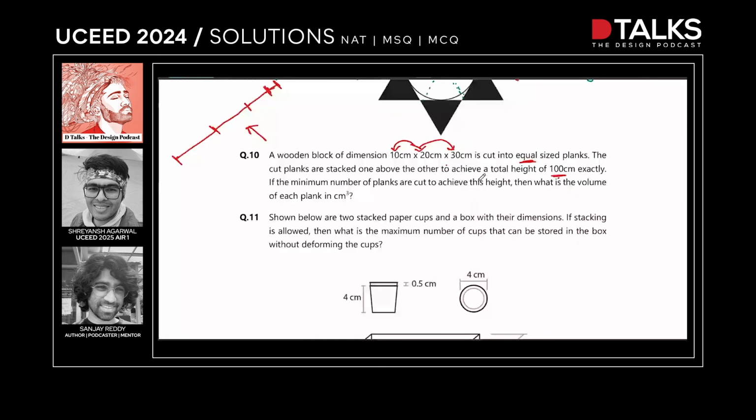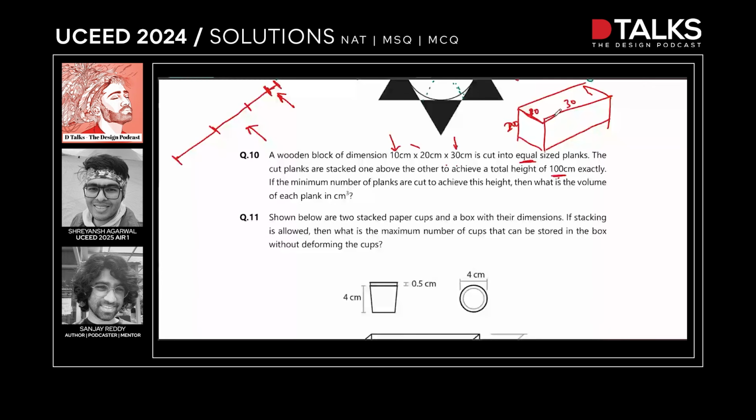Why? Because I'm trying to maximize the length. So 30 centimeters is the maximum length you can afford with each block. So you never want to reduce the length to less than 30 centimeter. But since we want exact 100 centimeter, we cannot cut the 10 centimeter side either. If 30, 20, 10, this is a cuboid, this is 30, this is 10, and this is 20.